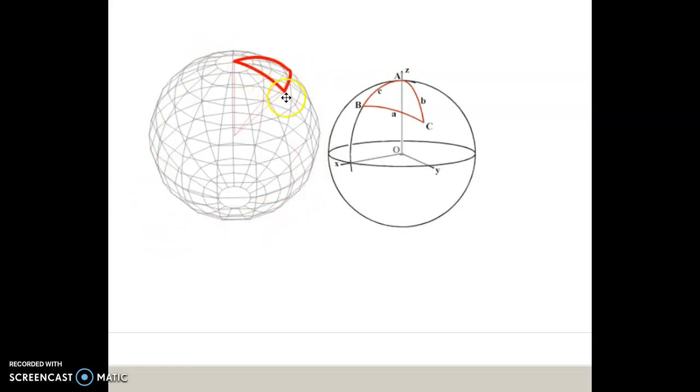The line here is a little bit tricky. It connects these two dots, and you can imagine that it could be, at least in theory, part of a big circle. Big circle means a circle that has the full circumference of the sphere.